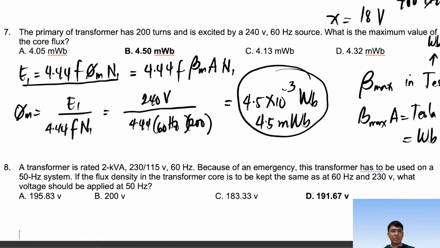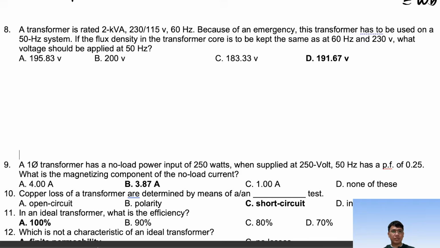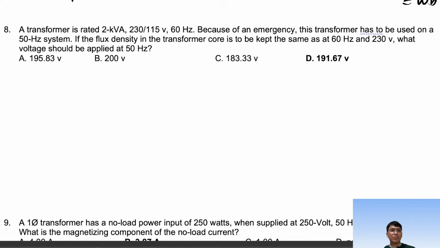So for question number 8, we have a transformer that is rated 2 kVA, 230 by 115 volts, 60 hertz. Because of an emergency, this transformer has to be used on a 50 hertz system. If the flux density in the transformer core is to be kept constant as at 60 hertz and 230 volts, what voltage should be applied at 50 hertz?